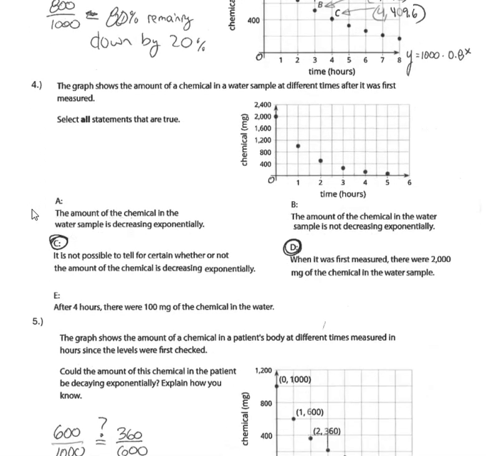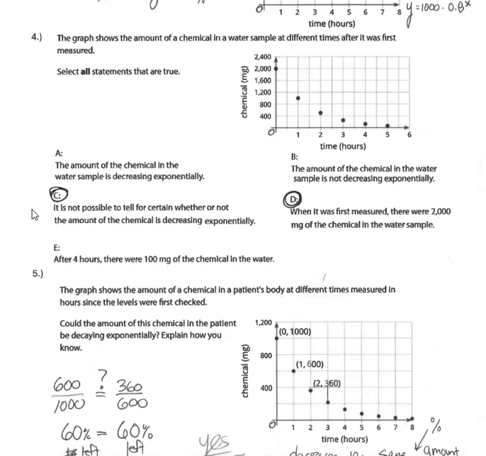On number 4, the graph shows the amount of chemicals in the water sample at different times after it was measured. Select all statements that are true. The first one says the amount of chemicals in the water sample is decreasing exponentially. While it looks like it's decreasing exponentially, the issue here is we're not able to calculate the exact decrease for each one of those, so we can't test it perfectly to make sure that it is decreasing at the right rate.